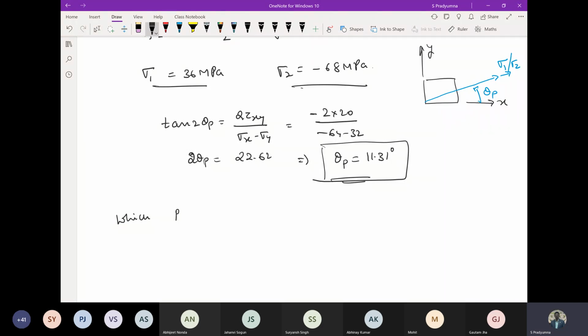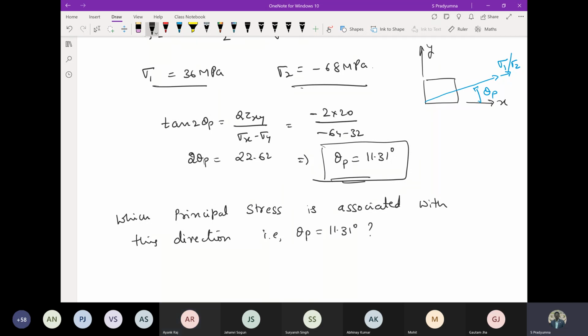Which principal stress is associated with this direction, that is theta p equal to 11.31 degree?